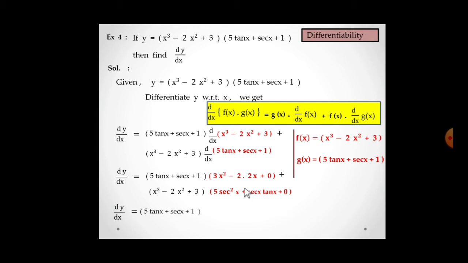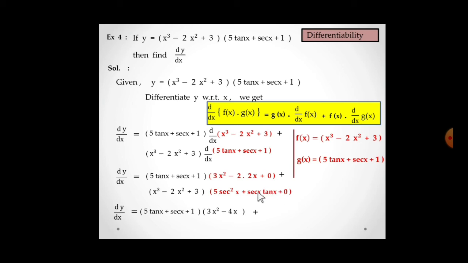So the bracket here we can simplify, but it is not required because all terms are different. So therefore just rewrite the function. First bracket as it is, 5 tan x plus secant x plus 1, and in the second bracket 3x square minus 4x, because 2 into 2 is 4 and 0 is not required to write, and then plus x cube minus 2x square plus 3 as it is.